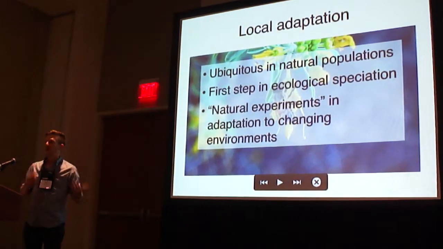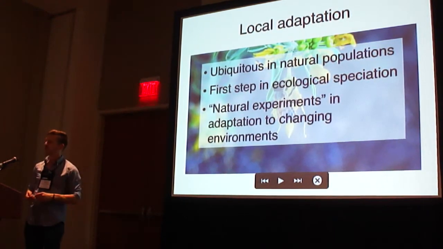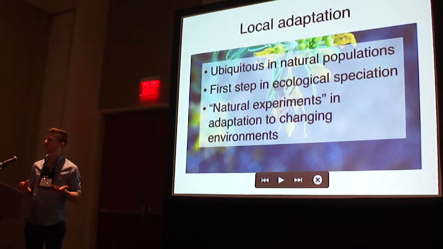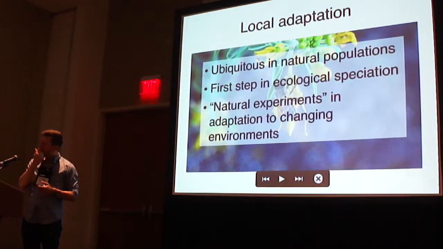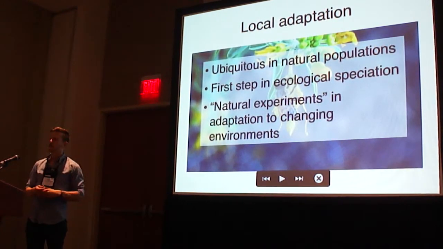We find that local adaptation is extremely common when we go looking in natural populations, and we're interested in it because we think of it as often the first step in ecological adaptive speciation processes. But also, local adaptation can provide natural experiments in adaptation to changing environments.